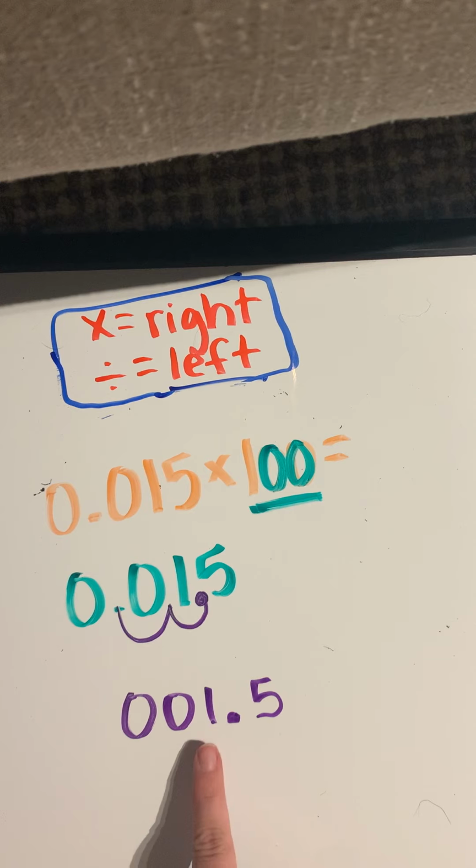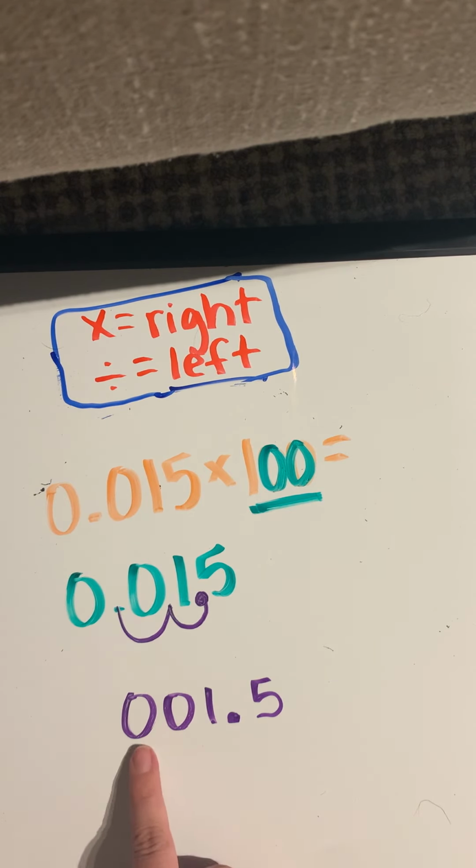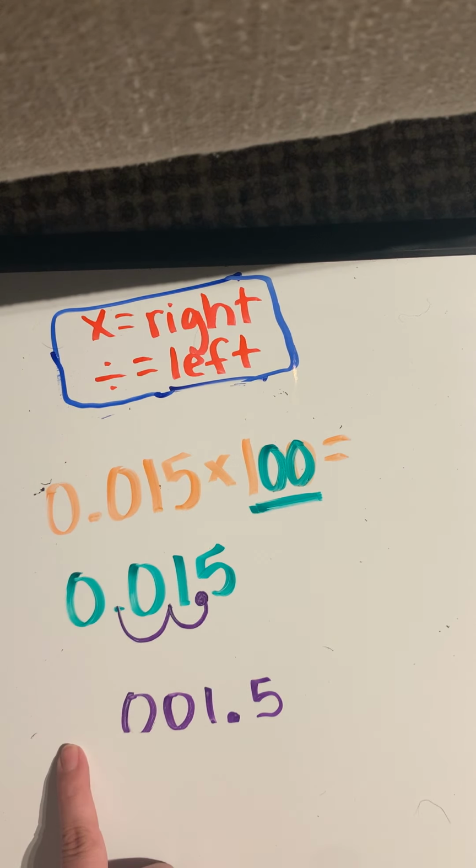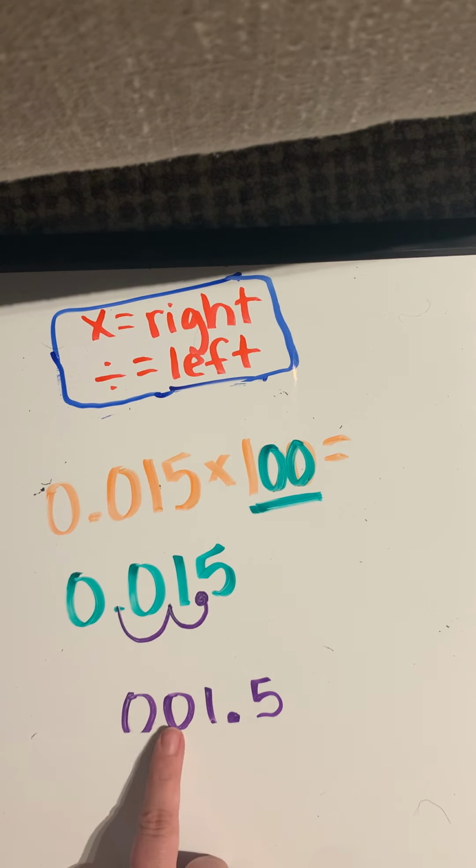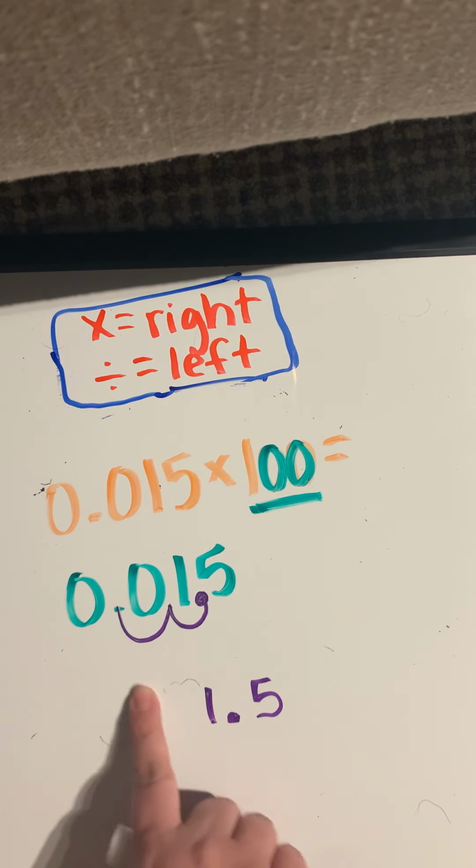0.15, or 1 5/10. I can keep my zeros there if it's helpful, guys. But when I have zeros in my tens and my hundreds and my thousands, they're not really doing me any good. They're just placeholders. They're just showing you that this is your tens, this is your hundreds. You don't actually really need them, so I can just erase those.